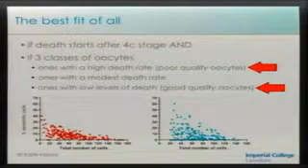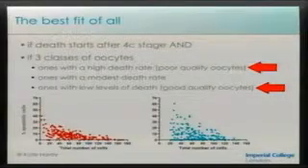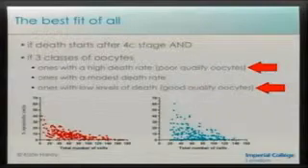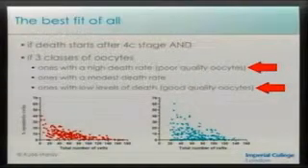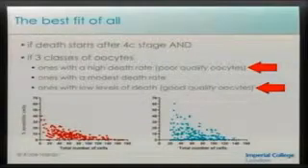But eventually, it worked. And the best fit of all, very interestingly, was if you had 3 different classes of eggs. If you had poor eggs, which didn't develop very well, eggs that had a modest death rate, and good quality eggs.